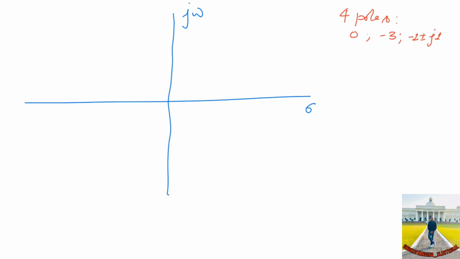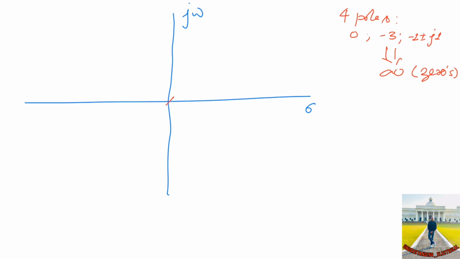So we have four poles, and that means all the four loci are going to terminate at infinity, because all the four zeros are placed at infinity, as there is no physical zero given in the transfer function.